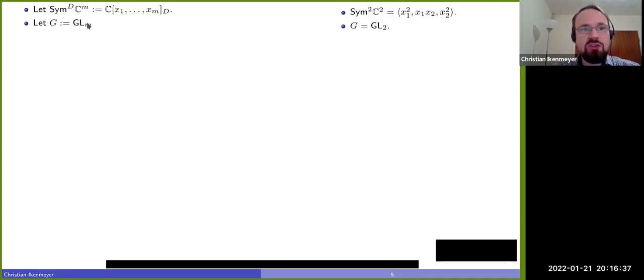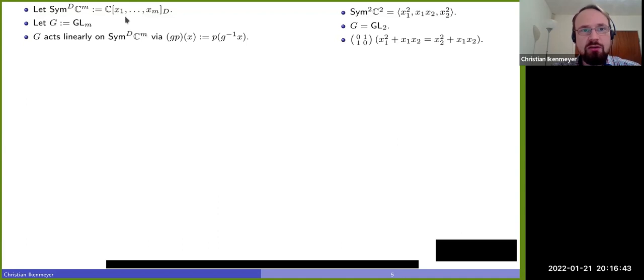And our group G should always be GL_m in this whole talk, okay? And it acts linearly on this vector space. This is what is called the canonical pullback. And sometimes people put a G inverse here, sometimes people put a G transpose here, and sometimes people make it a right action and put x G of a row vector, things like that.